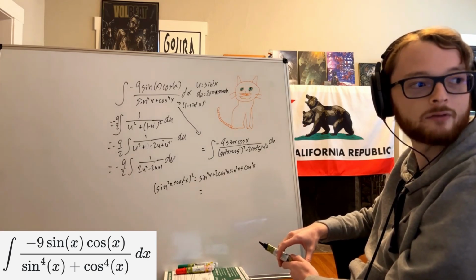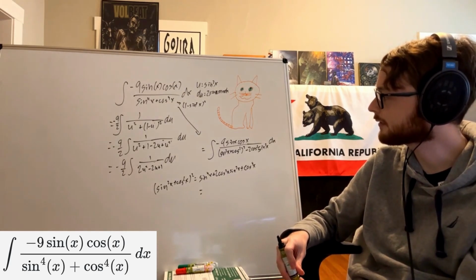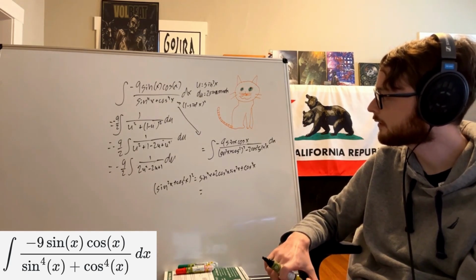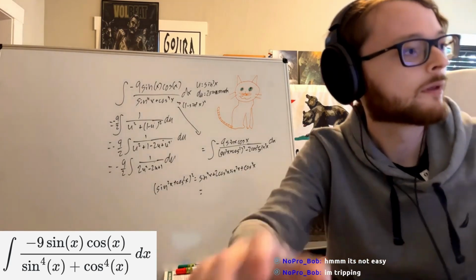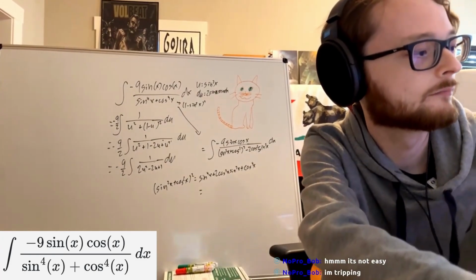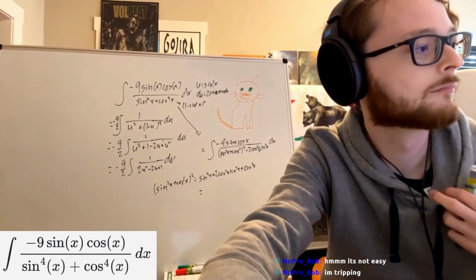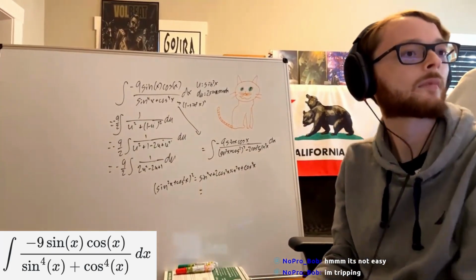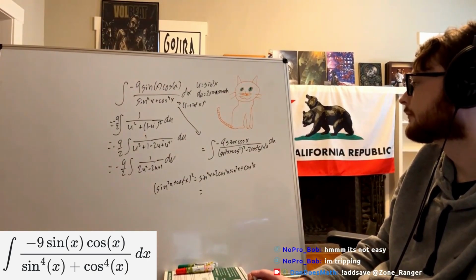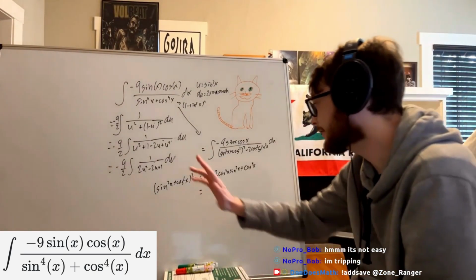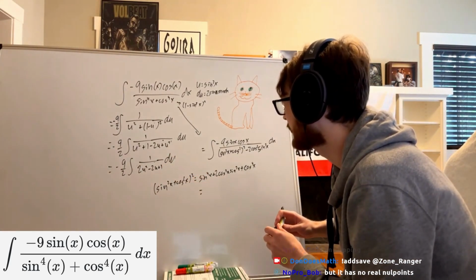I think it might be a different way entirely? I don't remember how else you would do that, though. Okay, so that's still not an easy integral from there, regardless of how you're supposed to do it.